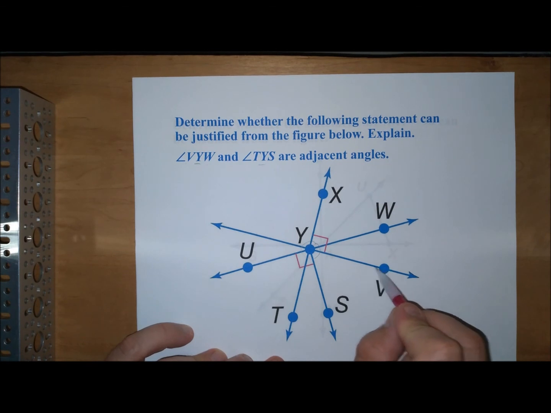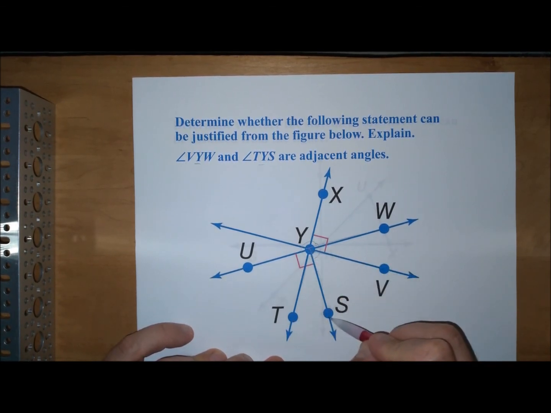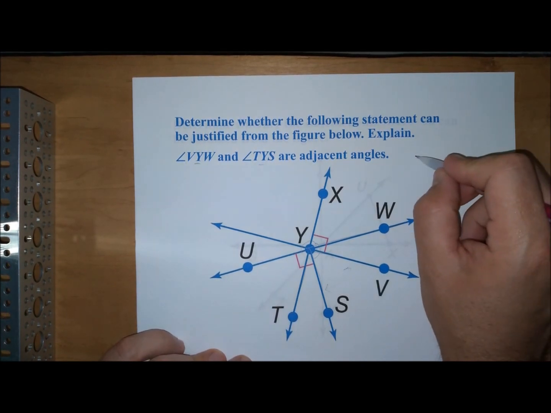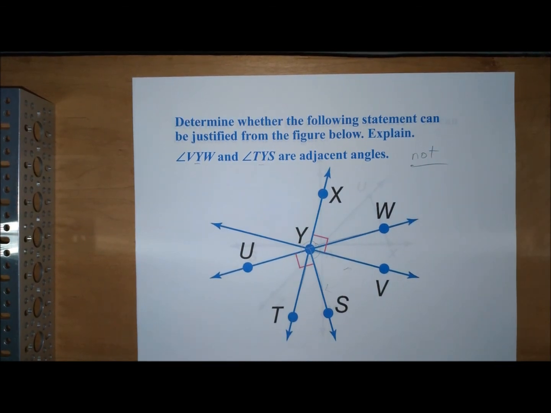So how could VYW and TYS be adjacent? They have all this space in between them, and they don't share a common side. Not only can I not assume that they're adjacent, I can definitely tell they are not adjacent angles.